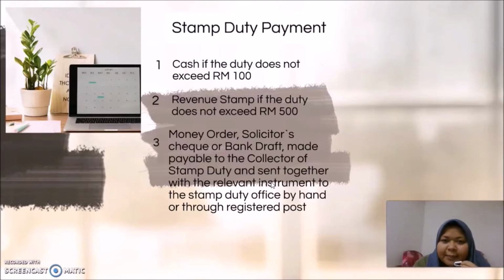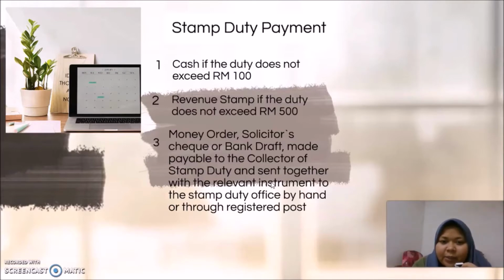We can pay the stamp duty in three methods. First, cash. You can pay the stamp duty in cash if the stamp duty does not exceed 100 ringgit, and second is revenue stamp if the duty does not exceed 500 ringgit.